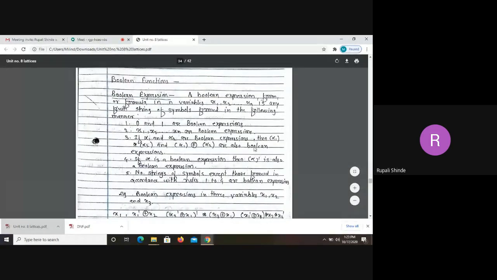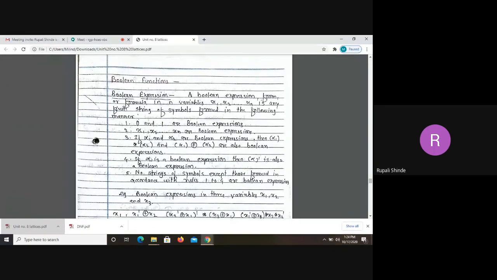In unit number 1, we defined rules for well-formed formulas. Similar rules are defined here for Boolean expressions. 0 and 1 are Boolean expressions. x1, x2 up to xn are Boolean expressions. If alpha 1 and alpha 2 are Boolean expressions, then alpha 1 star alpha 2 and alpha 1 XOR alpha 2 are also Boolean expressions.